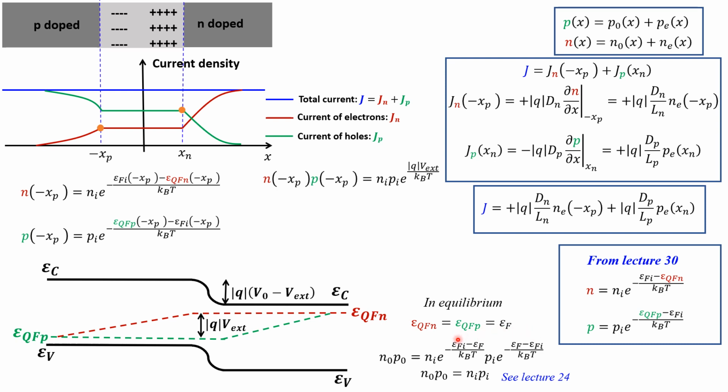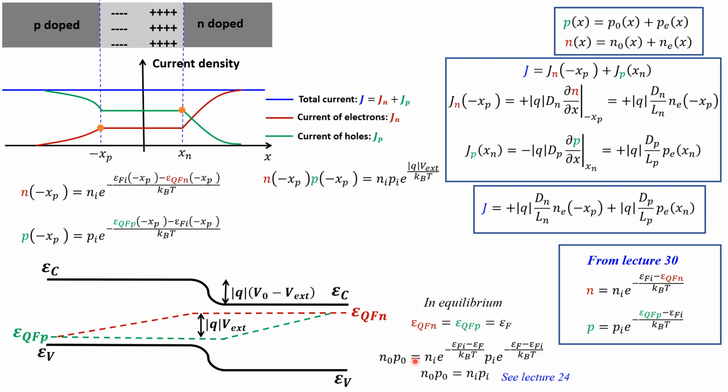So we have the intrinsic Fermi level minus the Fermi level here and the Fermi level minus the intrinsic Fermi level here. So when we take the product n_0 p_0, in other words, this term and this term with the Fermi level here and here, and recall that we are using the subindex 0 to denote the situation in equilibrium.